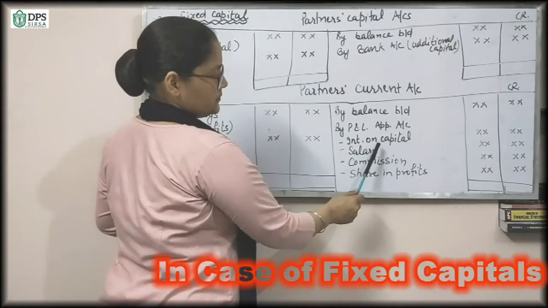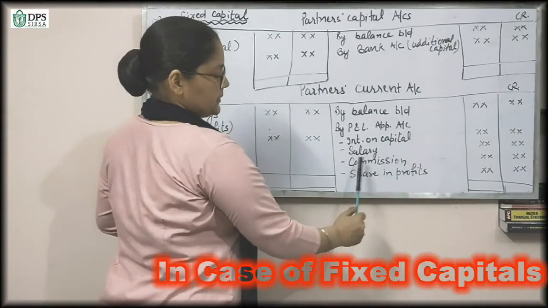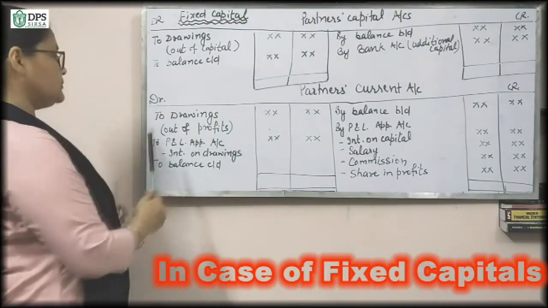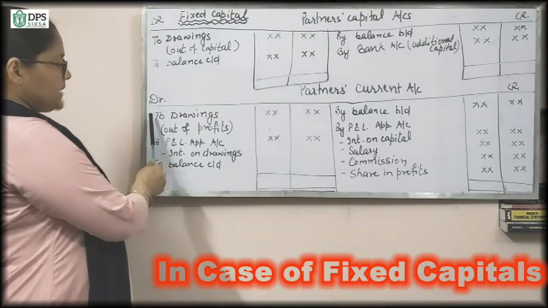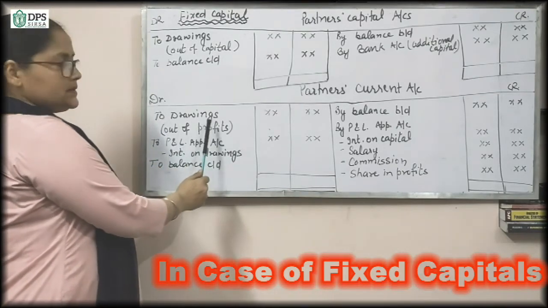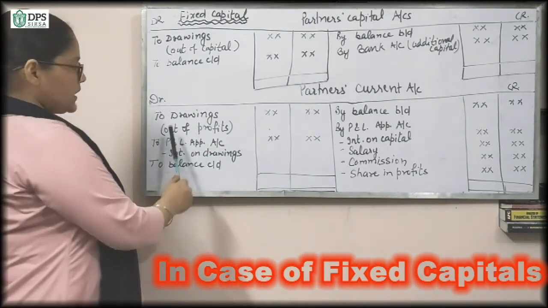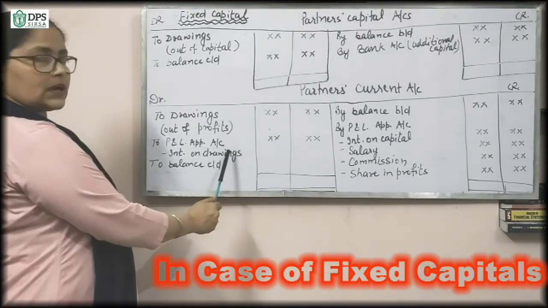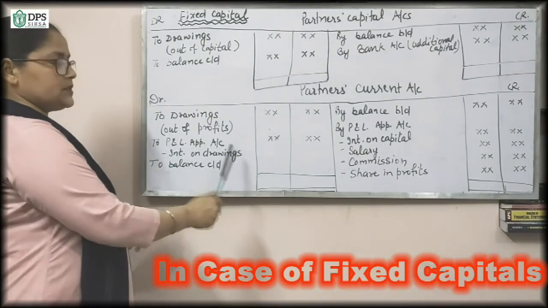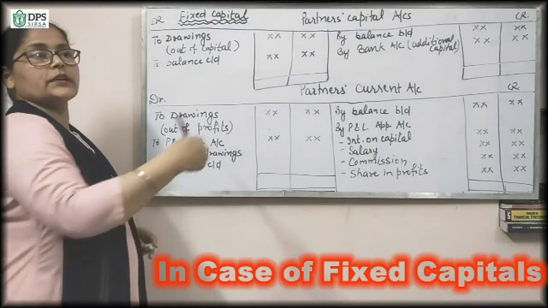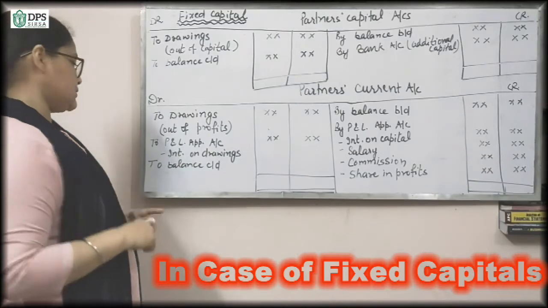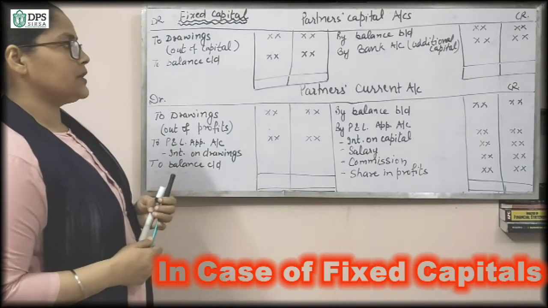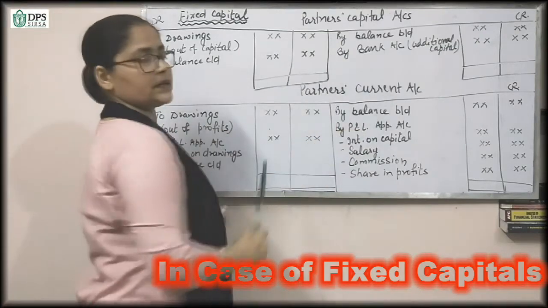All the appropriations come here: interest on capital, salary, commission, share in profits. Now on the debit side we will write drawings, but those drawings which are out of profits, and interest on drawings that was on the credit side of the P&L appropriation account. The balance carried on is the balancing figure of the partner's current account.